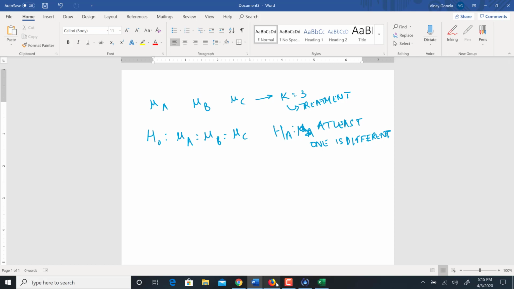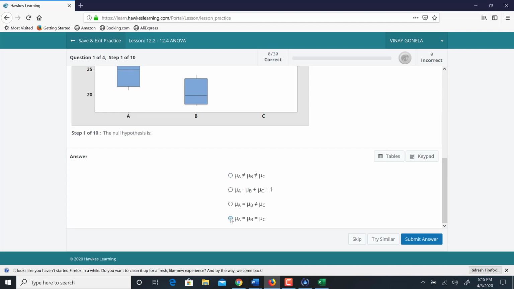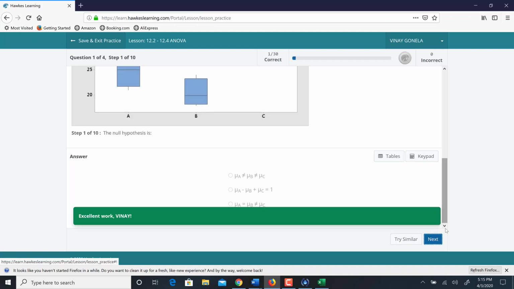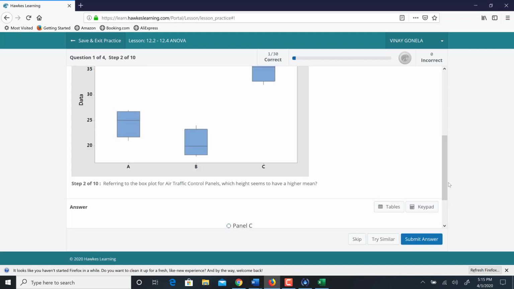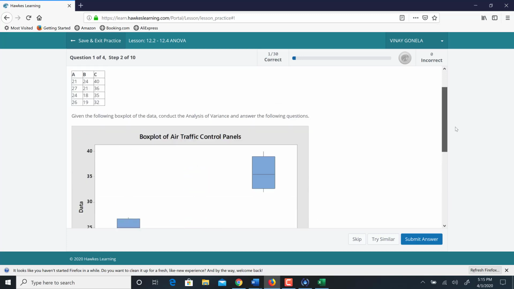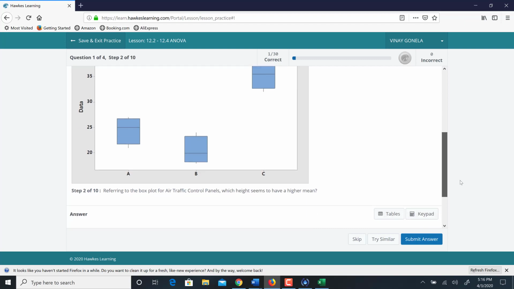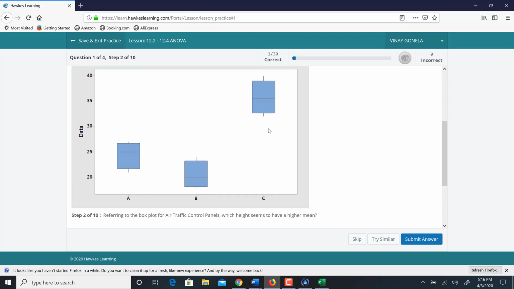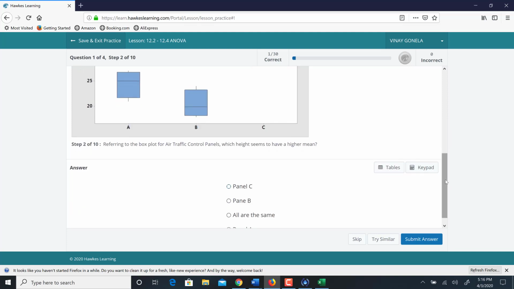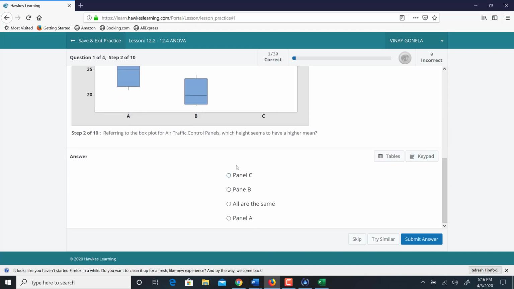So they asked us what is the null hypothesis, that is mu A is equal to mu B is equal to mu C. Then the next problem is referring to the box plot, which panel seems to have higher mean. Clearly you can see C has a higher mean, so I will pick panel C.